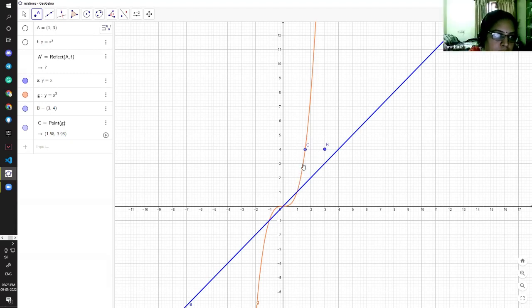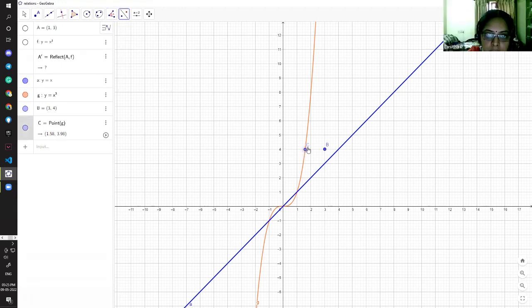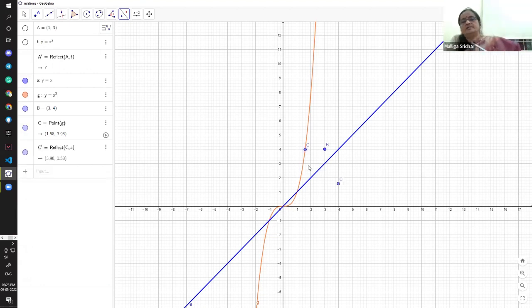This is (1, 1.52), (2, 8). Its symmetricity should be its reflection in the line y is equal to x, but that will not be there on the curve. So it's not symmetric.